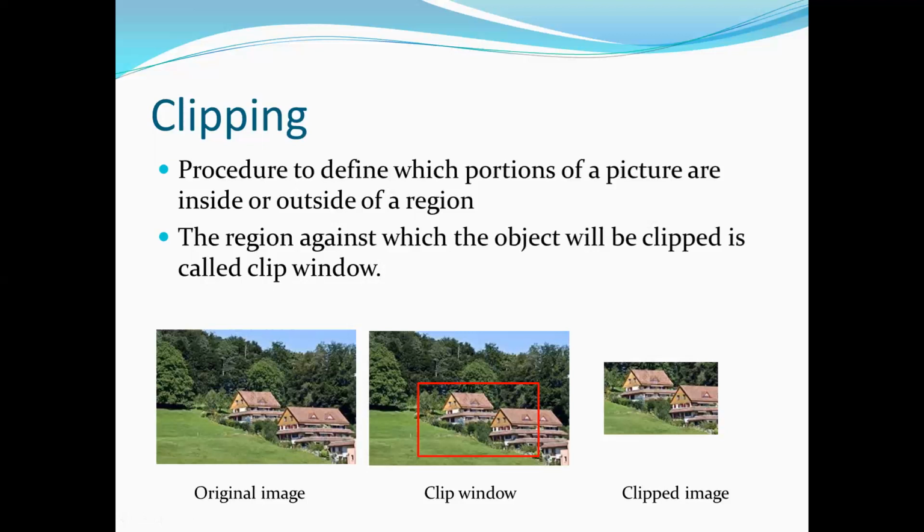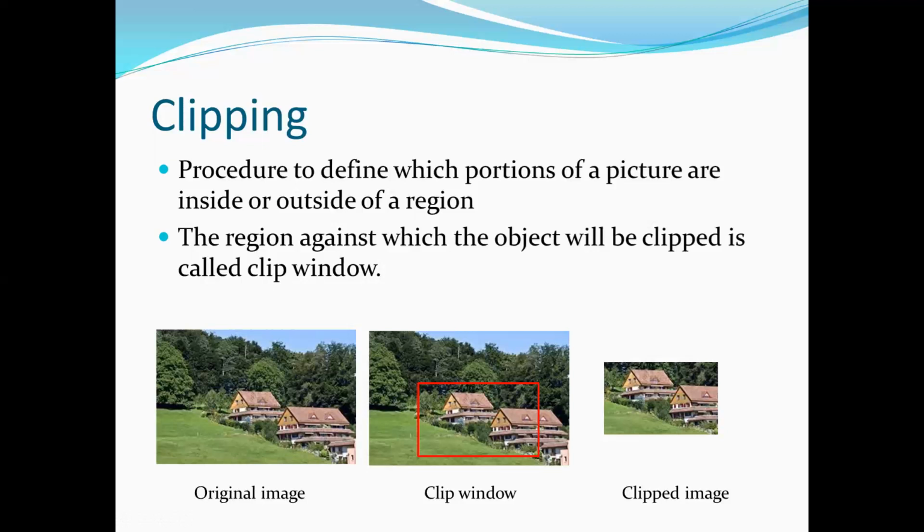Clear? So why should we do clipping? The objective of clipping is to discard the part which we don't want to display, and to focus only on some portion of the image where we need to perform some operation.